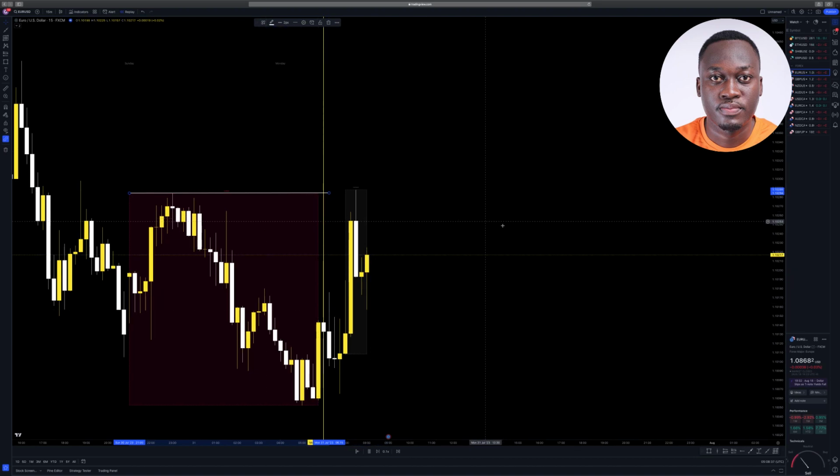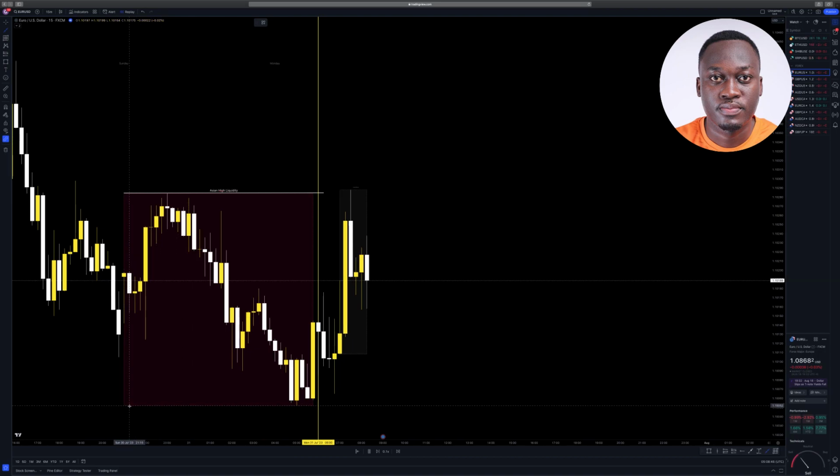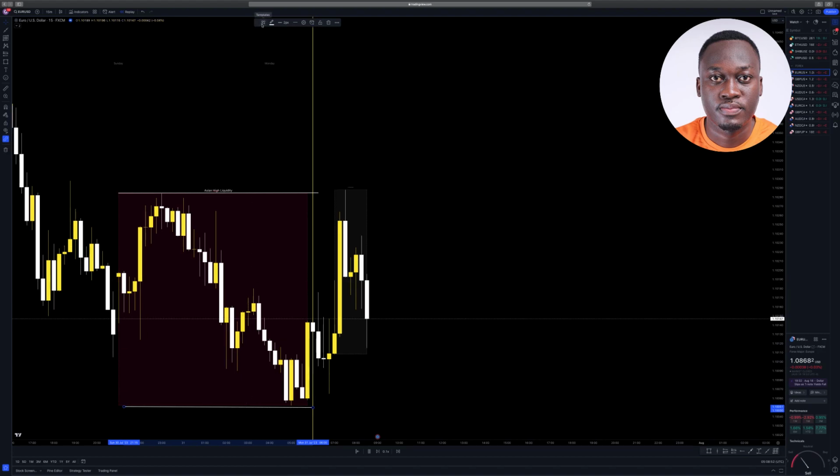It took 8 hours to form the Asian high liquidity. And again, we mark out the Asian low, which also literally took 8 hours to form. Okay. So we have enough data relevant to our trading strategy or our trading edge.